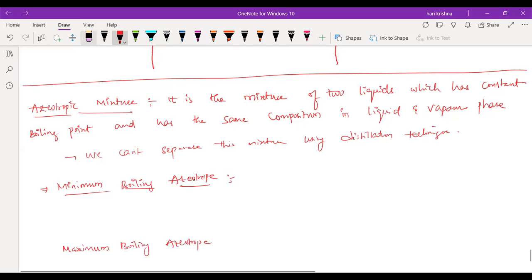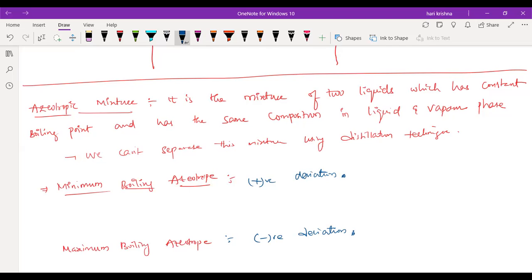Whichever liquid shows positive deviation from Raoult's law will show the minimum boiling azeotrope, and whichever shows negative deviation from Raoult's law is a maximum boiling azeotrope. Clear? The liquids showing positive deviation from Raoult's law form the minimum boiling azeotrope, and the liquids showing negative deviation from Raoult's law form the maximum boiling azeotrope.